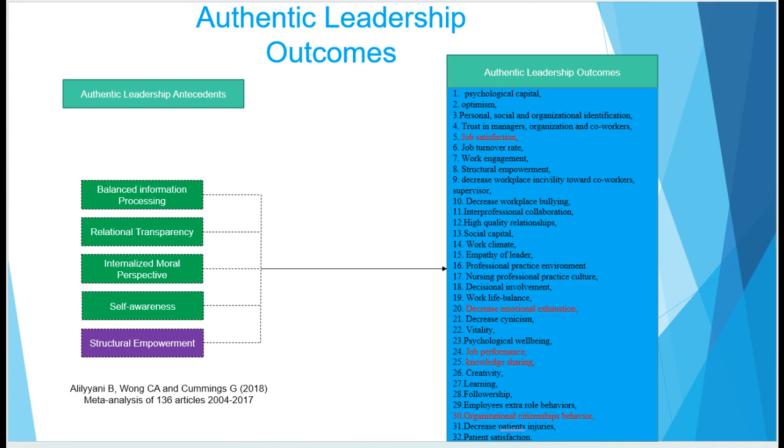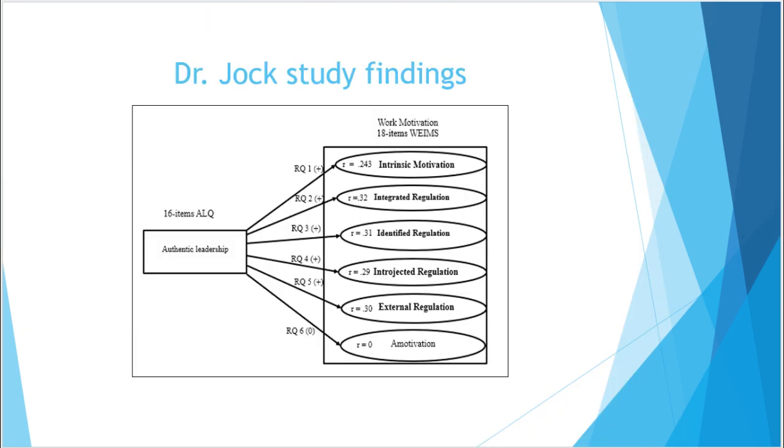So now with my own study, what did I find that authentic leadership does to the followers or to the workers? My study was looking at how authentic leadership correlates with millennial IT engineers' work motivation.